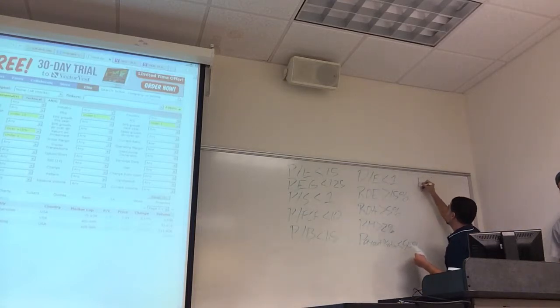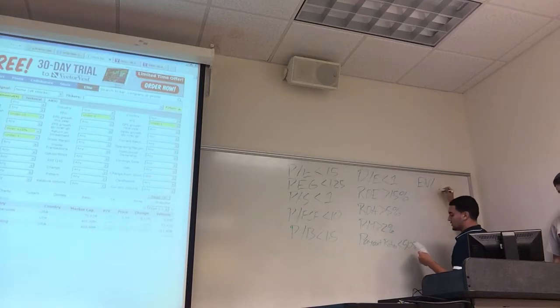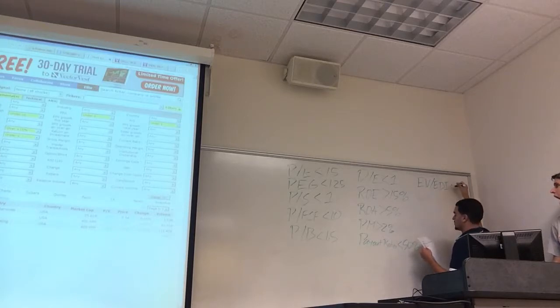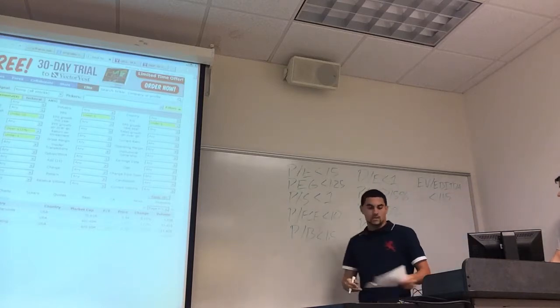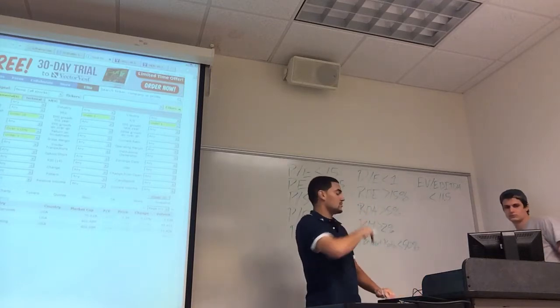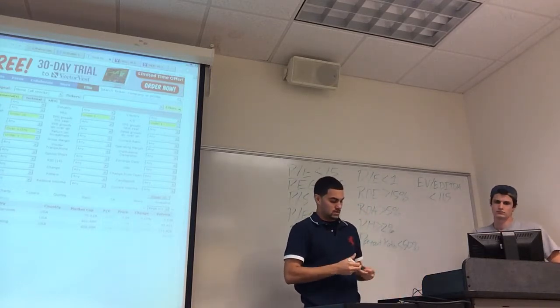Take the enterprise value and divide it by the earnings before interest, taxes, depreciation, and amortization. And you want this whole number to be less than 11.5. That's about the market mean. And this is another value indicator.